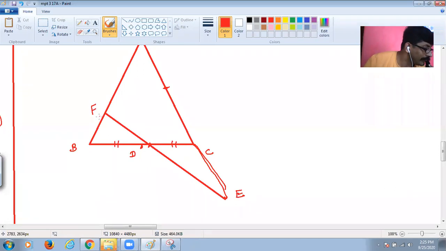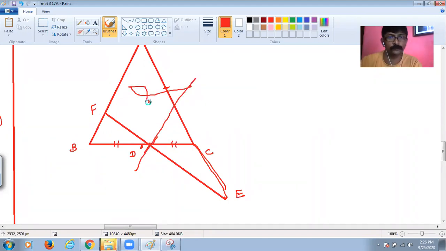Now, lines through D and C are drawn parallel to AB. Lines through D and C are drawn parallel to AB. Okay, so there are lines drawn. They are parallel to AB.